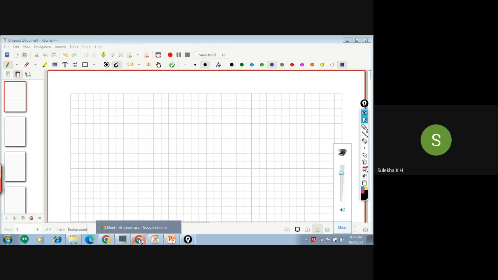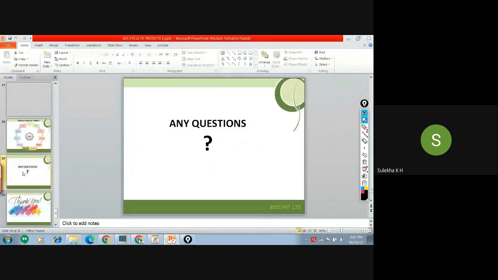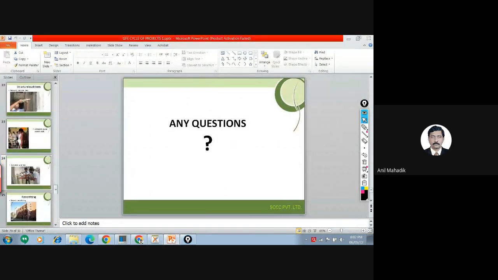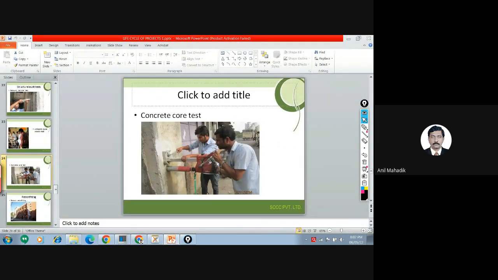Core test, so yes, generally we do sampling. In visual inspection, if you find some major issues regarding, let's say, a column or beam, whether they are having more cracks or there is some deterioration you see in the structure, it is better to choose those locations mainly.